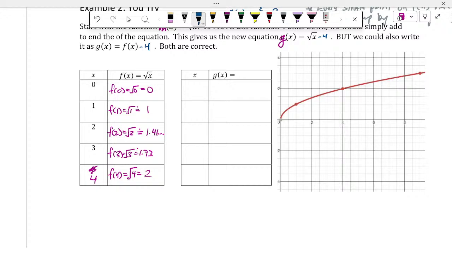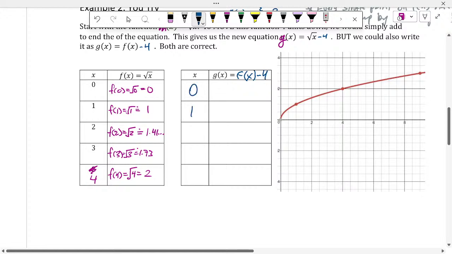So g at x equals, let's see, f, oh, that's a W looking F. So let me get rid of that. F at x minus 4. So we got our numbers. We got 0, 1, 2, 3, and 4. Is everyone following along now?